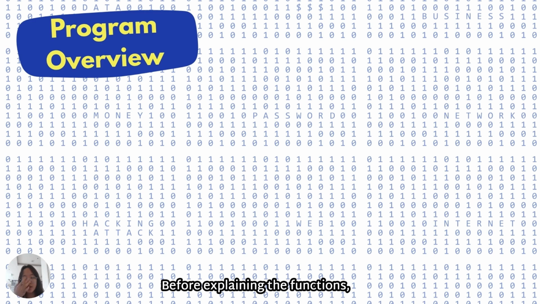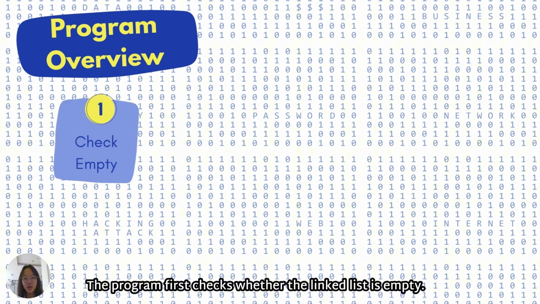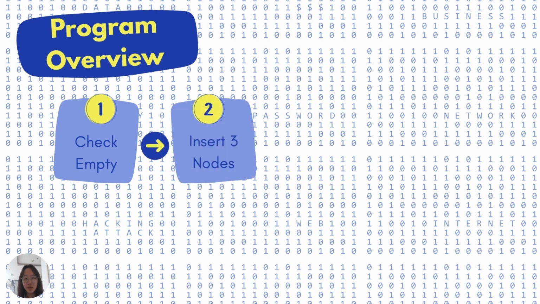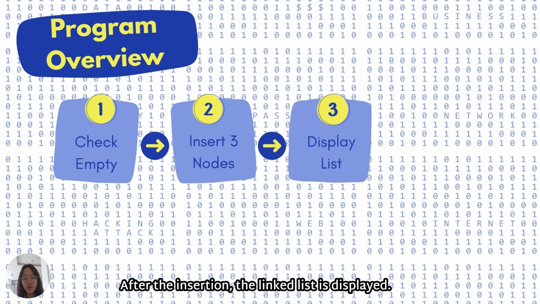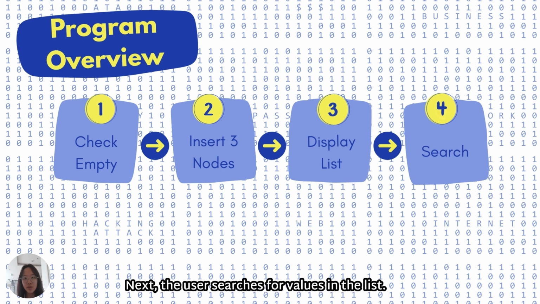Before explaining the functions, let's first look at the overall workflow of the program. The program first checks whether the linked list is empty. Then it inserts three integers entered by the user. After the insertion, the linked list is displayed. Next, the user searches for values in the list.